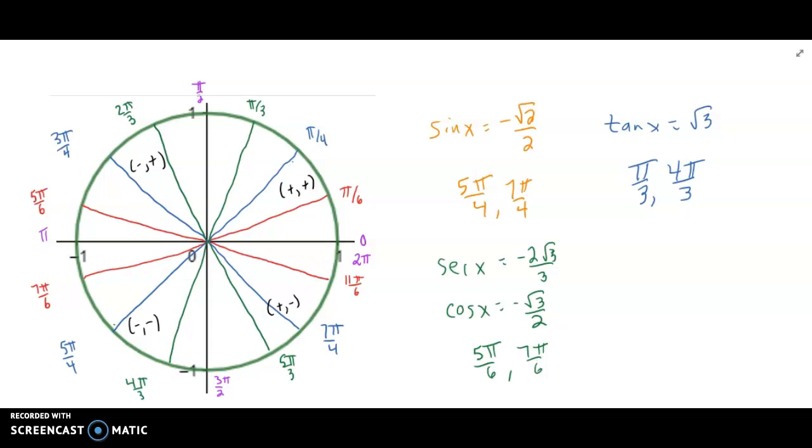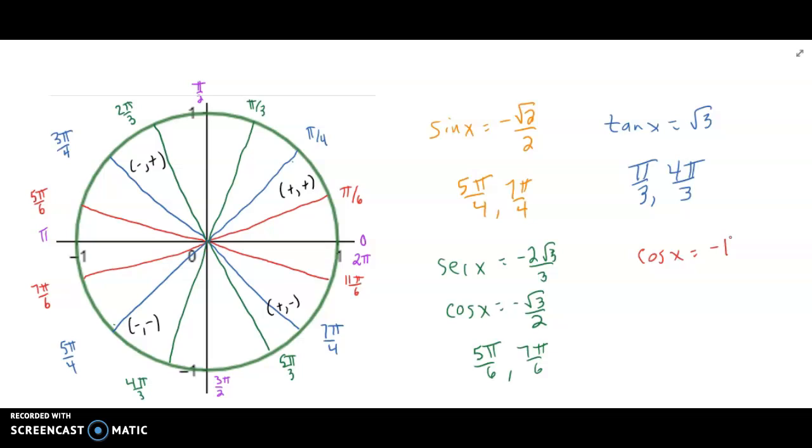And then what about a cosine like this? Cosine of x equals negative 1. Well, that's a little bit trickier because we're not actually in a quadrant at all. If the cosine is equal to a whole number like 1 or negative 1, that's going to be on one of our axes.